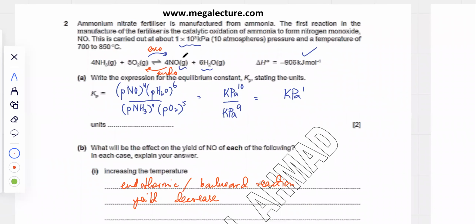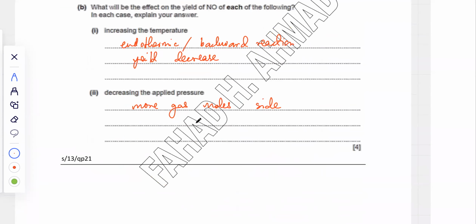In this case, more gas is in the forward direction. There are 10 moles of gas, whereas in the backward side, there are just 9 moles of gas. So more gas is forward, and the yield is going to increase. There's going to be more forward reaction, yield increases.